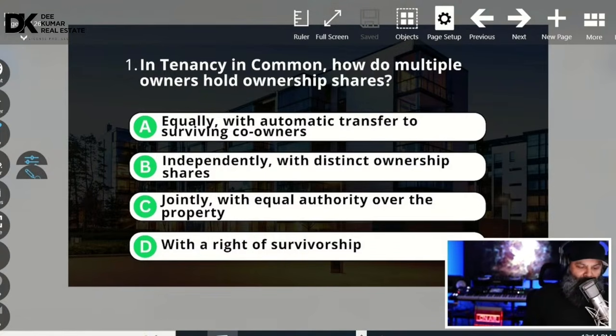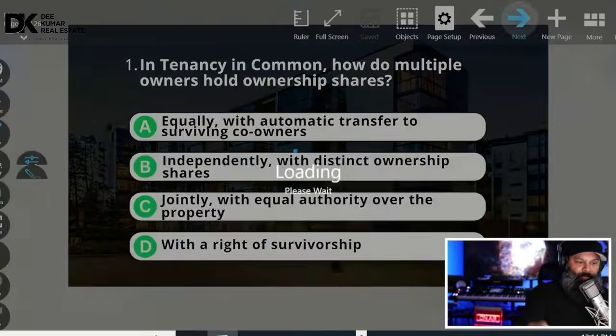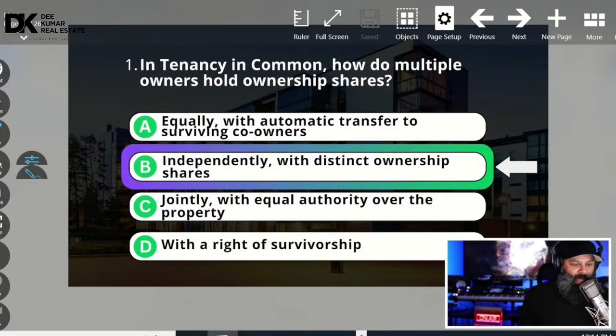Letter C, jointly with equal authority over the property. Letter D, with a right of survivorship. The question again is, in a tenancy in common, how do multiple owners hold ownership shares? And the answer? Letter B, independently with distinct ownership shares.